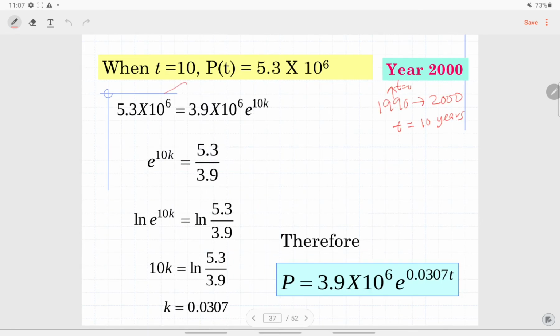Okay, then we substitute the value of P. We have just now P is 3.9 million exponential kt, so we substitute the value into this equation. Can we solve this by multiplying?